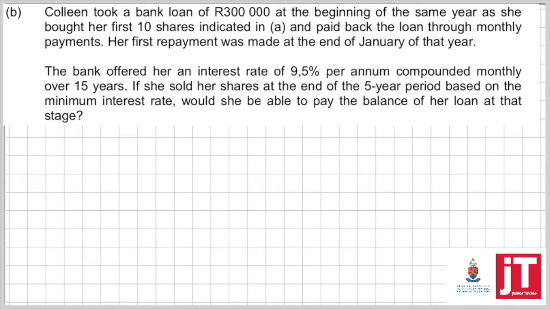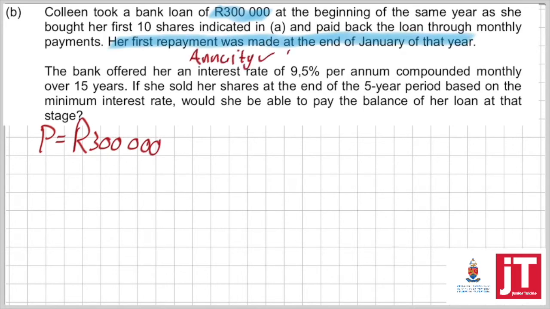At the beginning of the same year, she bought her first 10 shares and paid back the loan through monthly payments. Monthly payments, annuity. It's a loan, so it's the value at the beginning. So it's a p-value. So the p-value is 300,000. It is an annuity, a normal annuity.